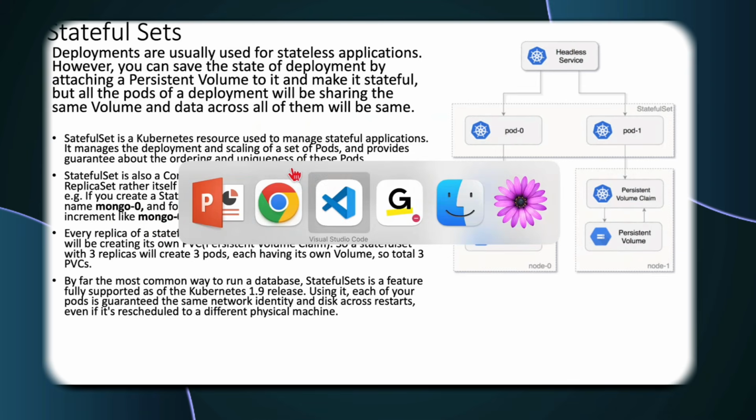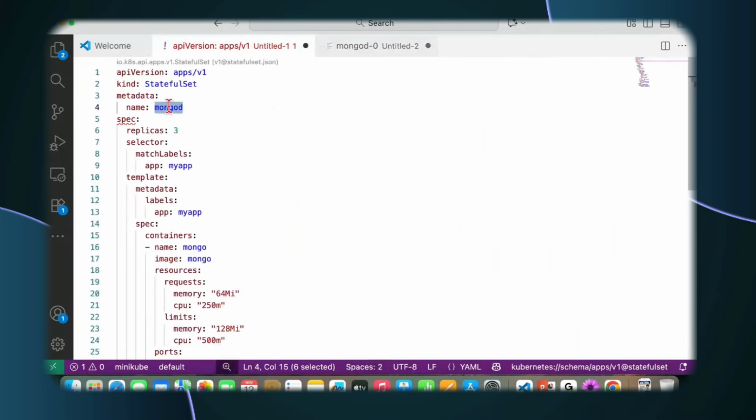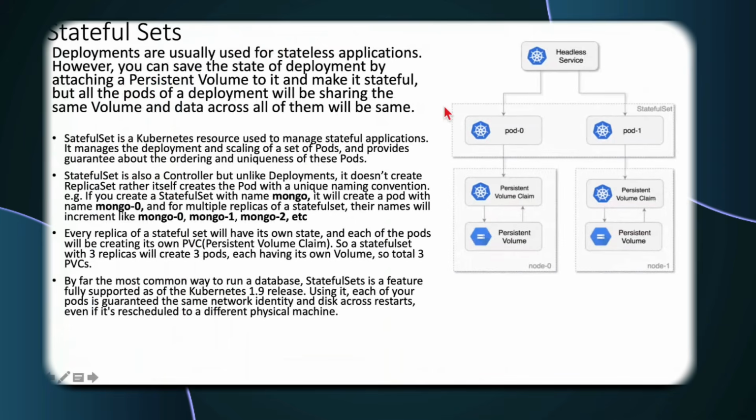Suppose here I am creating a stateful set with 3 replicas. Every replica, meaning every pod, will have its own state. Own state means it will have its own persistent volume claim, its own storage.